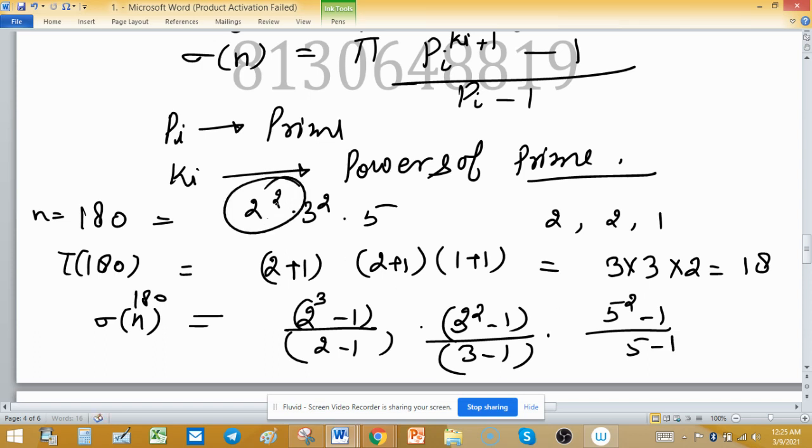Use the pattern of the power increased by 1. So here you can write 3 raised to the power 3 because the power is 2 here.